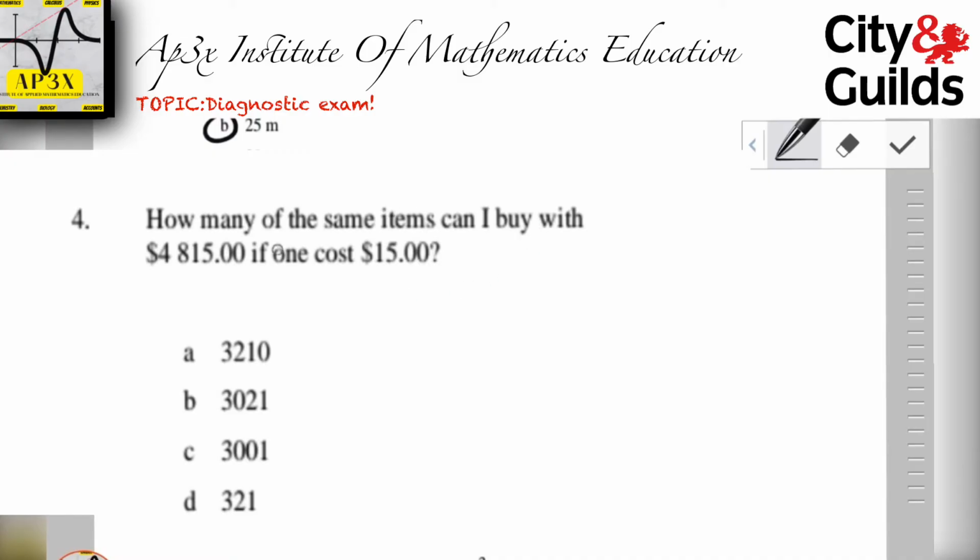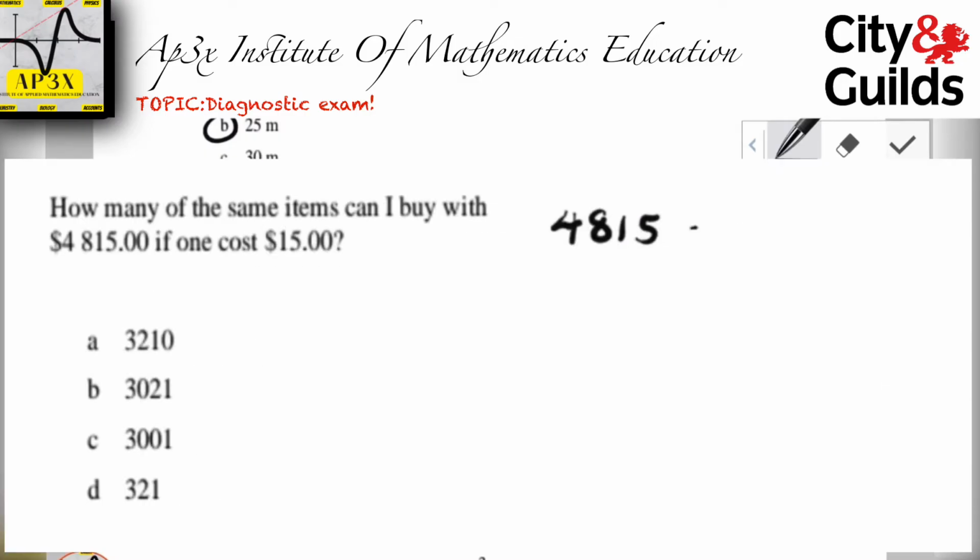So I need to find out how many of this particular item, which value is 15, can I get from 4,815. So that's going to be 4,815 divided by 15. So we've got to go back to fundamentals, long division. Remember, we do not have a calculator. So we're going to go back. Hopefully you guys remember this technique that we learned back in primary school.